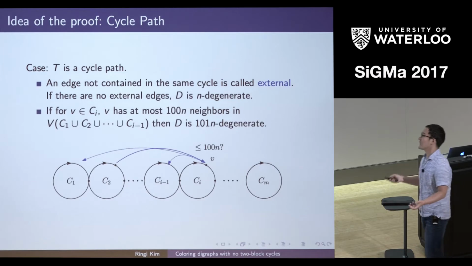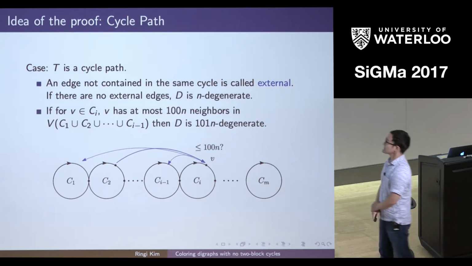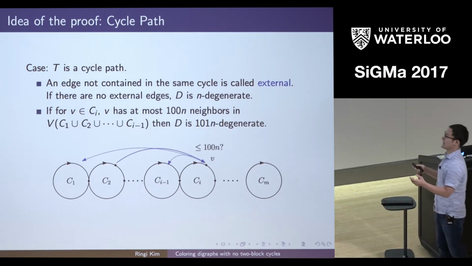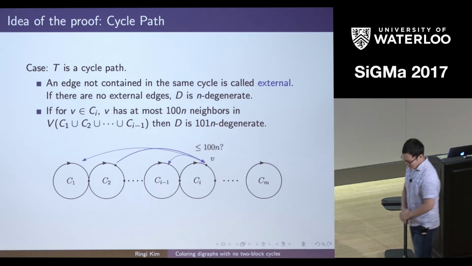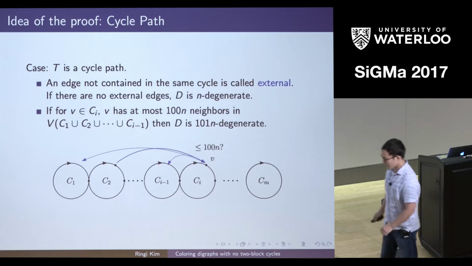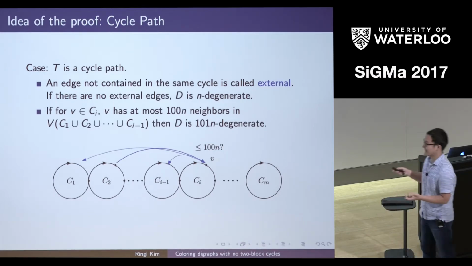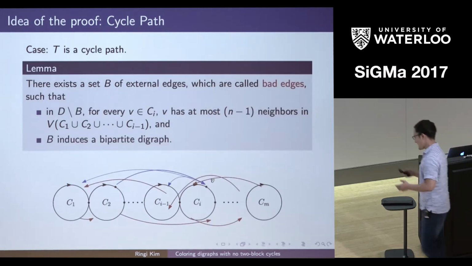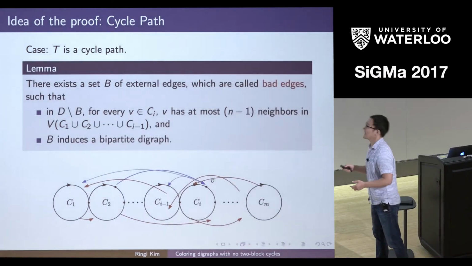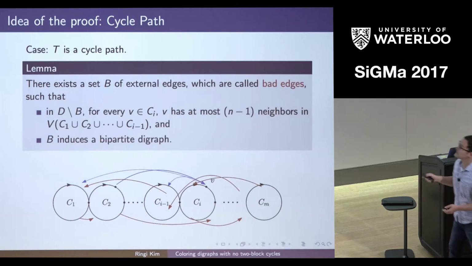There are an arbitrarily large number of neighbors of V in previous cycles. So the hard part was how to handle these edges. And finally, we were able to find a very magical set of external edges.